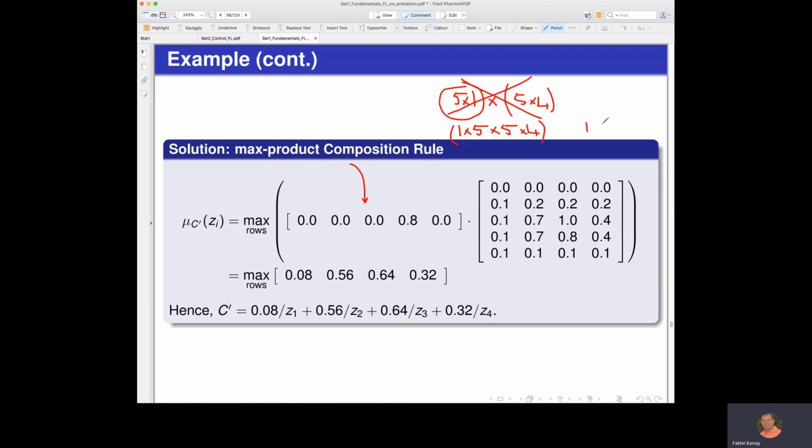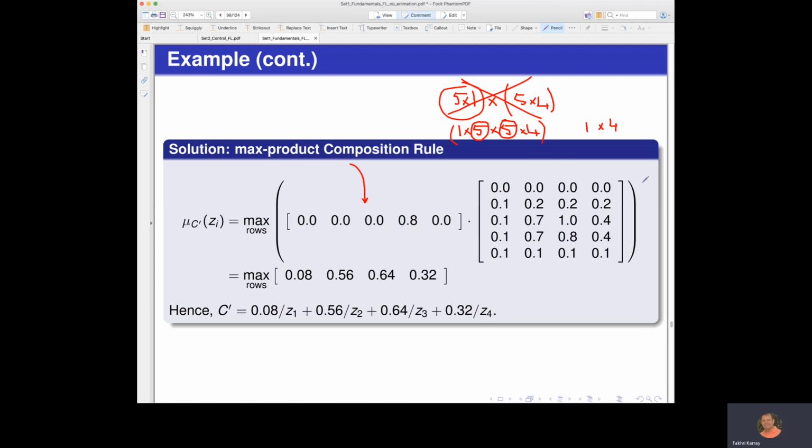And the outcome is going to be 1 by 4, okay? So the same thing we mentioned earlier, the common element is going to be the y. You can see the y is the common element, and that's why we take the maximum, or the supremum, over all these particular elements of the rows.